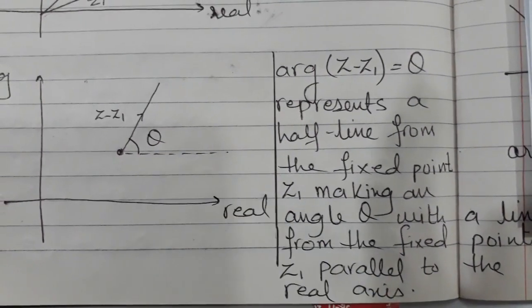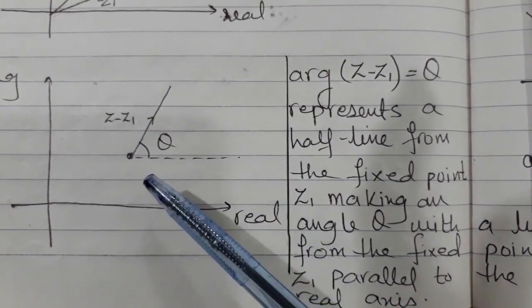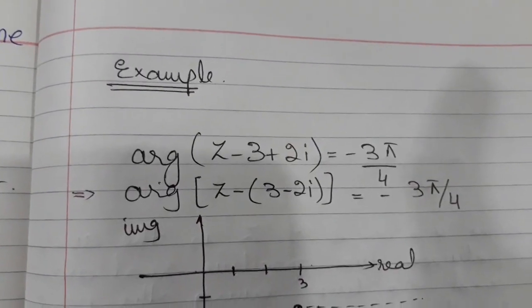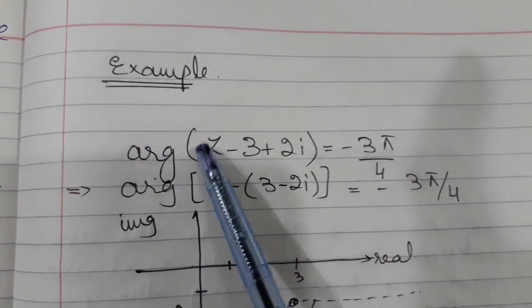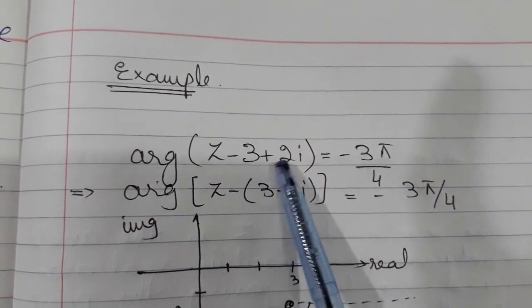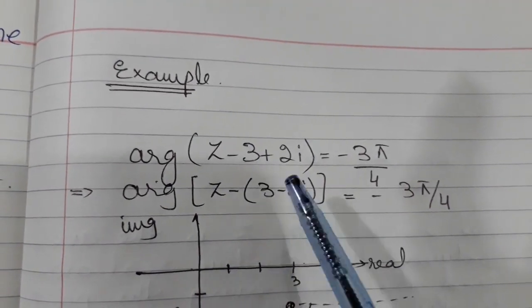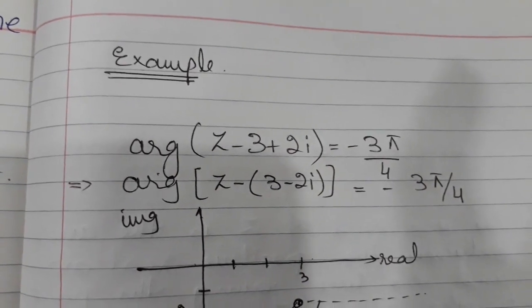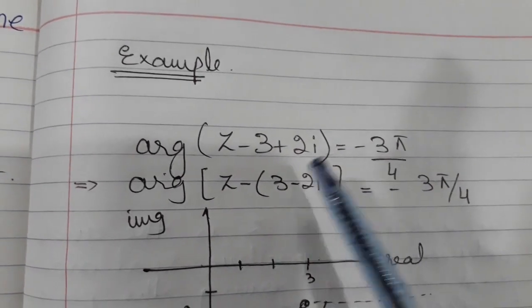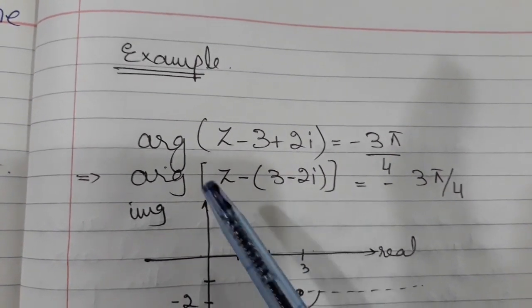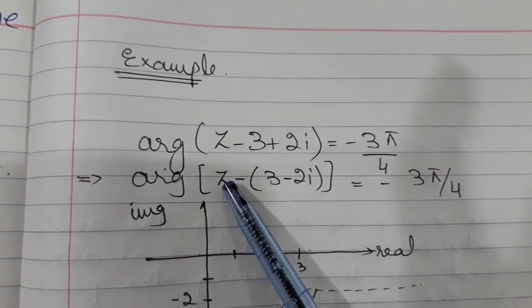So this is the meaning of argument of z minus z1 equals theta. Now let's take an example. Argument of z minus, now instead of z1 I am taking this point. When the point is given like this, you have to put it in a bracket. So it will become minus bracket 3 minus 2i. So this is the fixed point and this is the movable point.